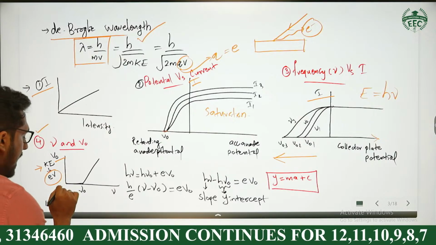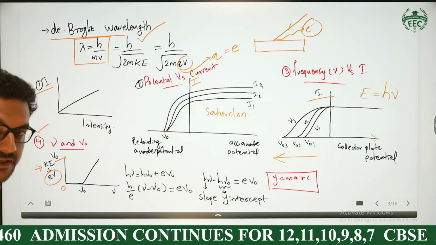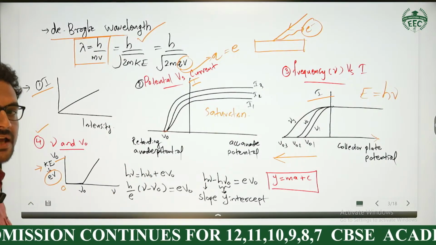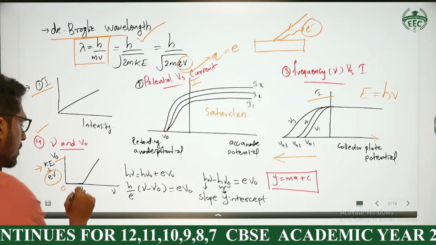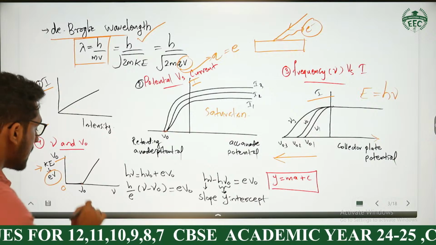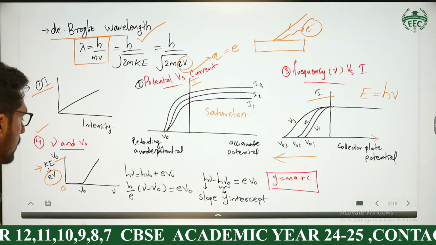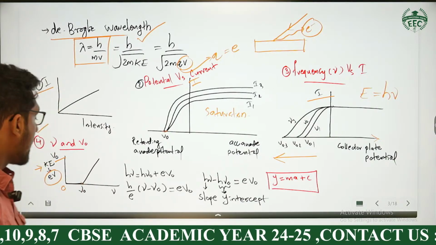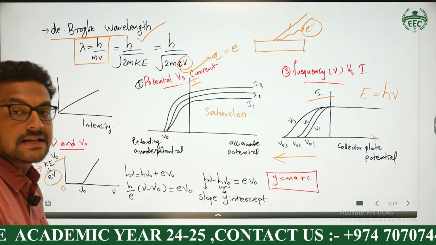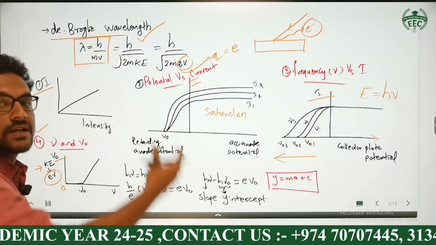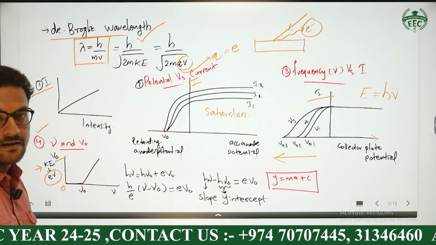Now you can see that for lower frequencies there is no photoelectric effect, and so there is no stopping potential. When the threshold frequency nu0 is reached, you get the photoelectric effect, and there comes the value of the stopping potential. As the frequency increases, the stopping potential also increases. That will be a straight line, right?